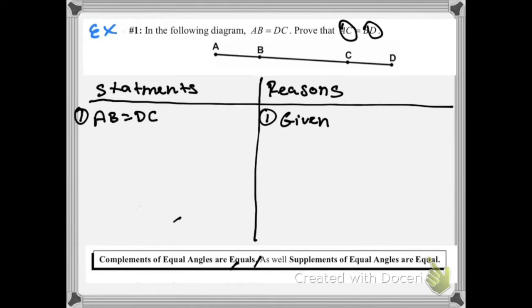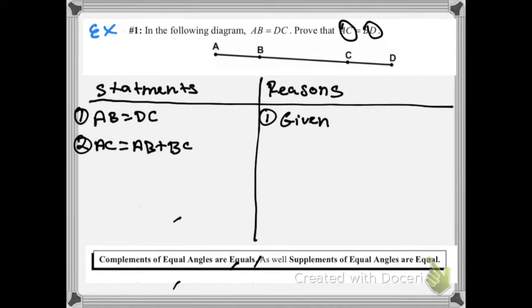So what is it that I know about AC? Well, the only thing that I can do to AC is break it down into its component parts. So that means that AC is equal to AB plus, yeah, you guy in the blue shirt, what did you get? Yeah, BC. See, Miss Ovalles, they know.